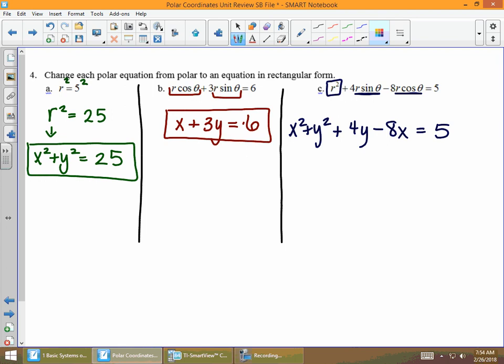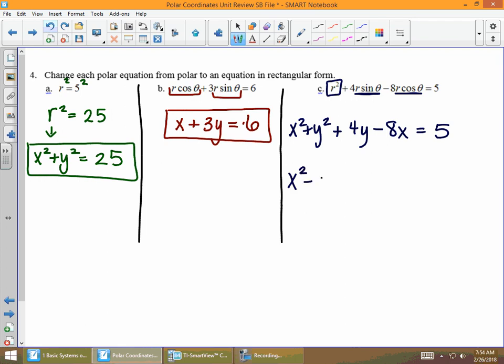So I'm going to reorder so that I have my x's together and my y's together, and then I'm going to complete the square so that I can tell what the center of my circle is and what the radius is. Because otherwise, putting this in rectangular form doesn't really tell us anything if we can't tell what the center of the circle is and what the radius is. How about actually putting our x's next to each other?